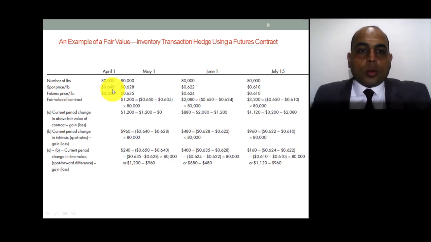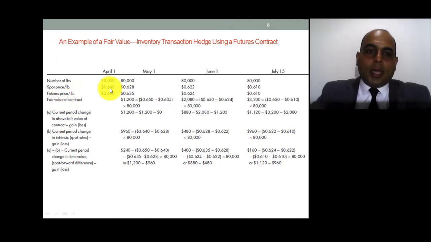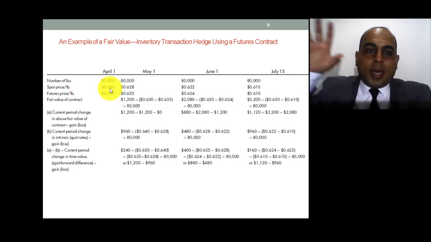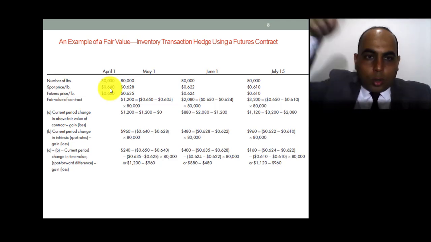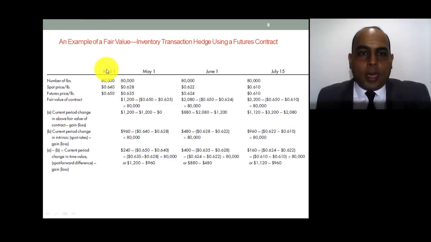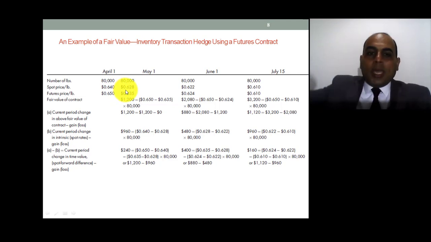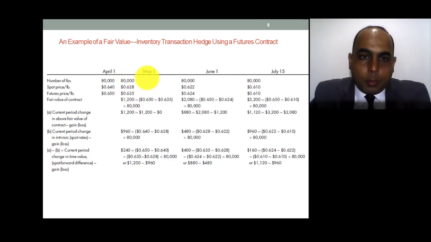On the date of agreement, when we entered into the futures contract, the spot rate means the current price that I can sell at on this date. On April 1st, the spot price is 0.64. On May 1st, we can sell and deliver on May 1st at 0.62.